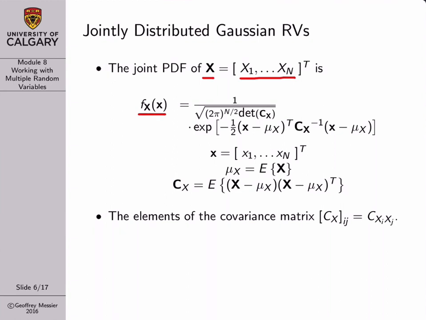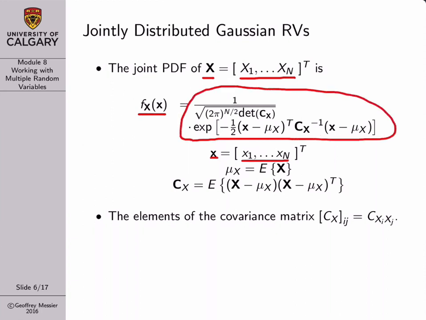So the argument to the PDF is itself a vector of lowercase x's. And the expression for the PDF itself is as follows.